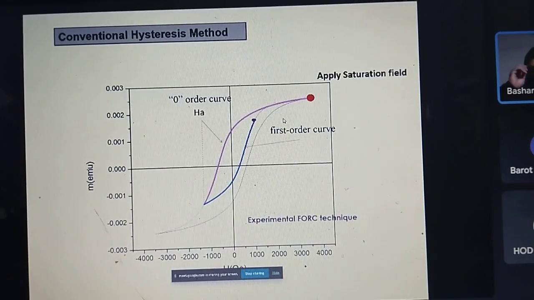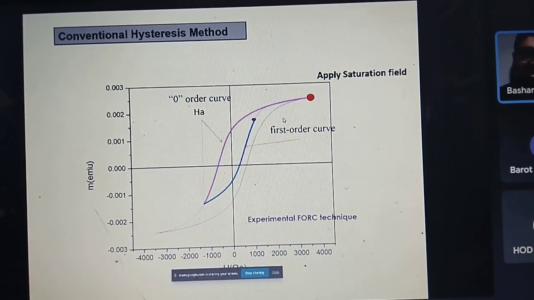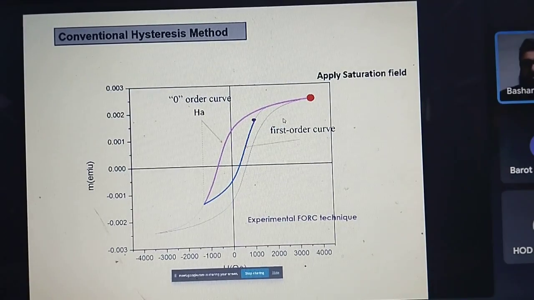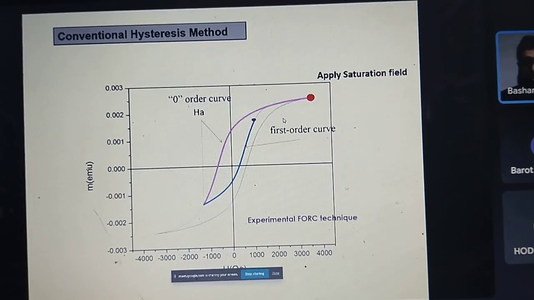Okay, so let's see what the conventional hysteresis method is. How we basically do the M versus H, the famous experiment that even we do in our colleges or universities to help students understand what hysteresis is, how ferromagnetic materials behave, why they have hysteresis.